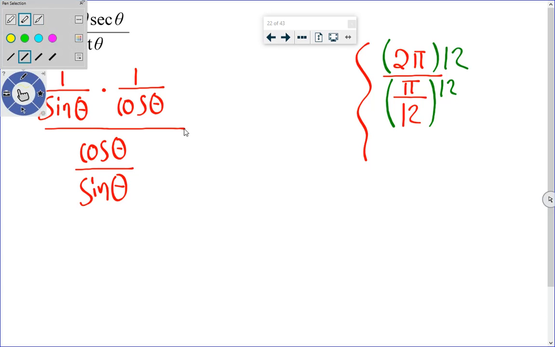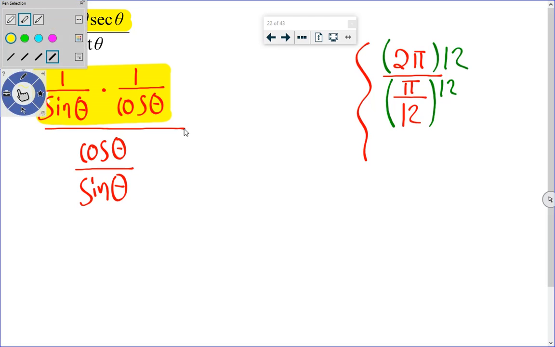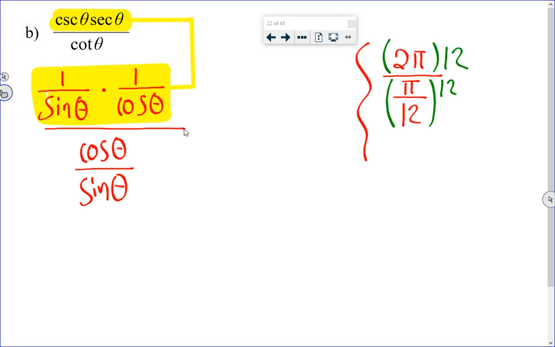We'll do this one at a time, actually. What is the reason why I was able to go from this highlighted yellow part to this highlighted yellow part? Why am I allowed to do that? Even though we don't have to do this in this question, I want to know if you know why.